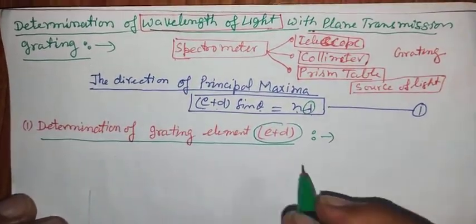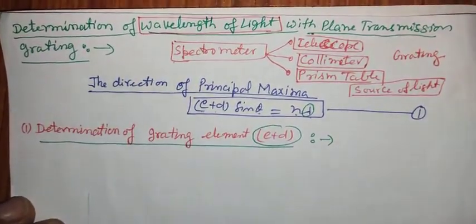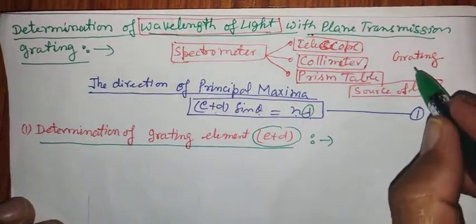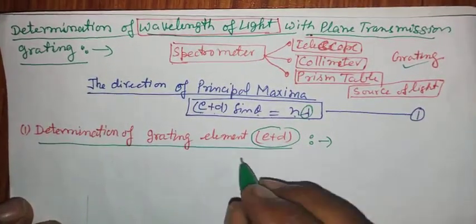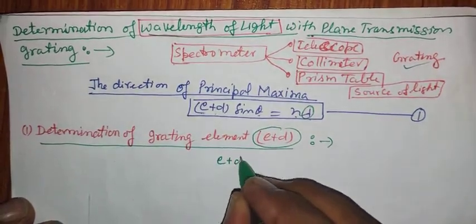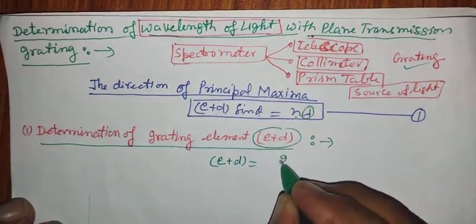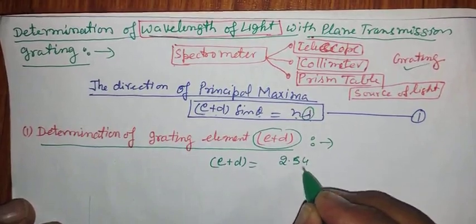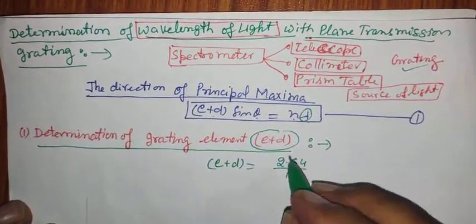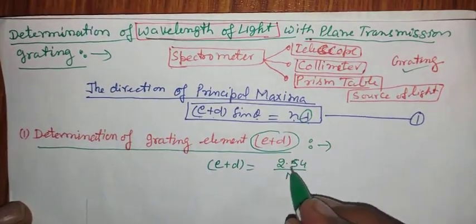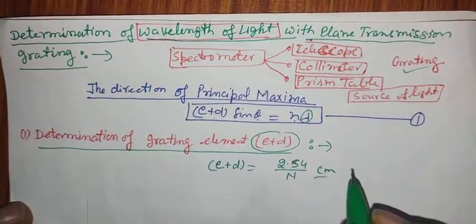Before starting the experiment, take the grating, which is rectangular, and the formula used in this case is e plus d is equal to 2.54 by the number of lines. So it is in centimeters.